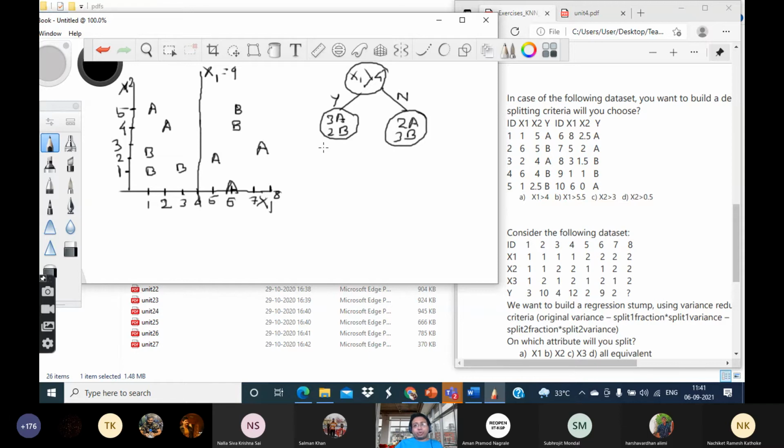So if a node comes to this side, in this leaf node, according to the decision tree algorithm, I have to choose the modal label. In this leaf, what is the modal label?